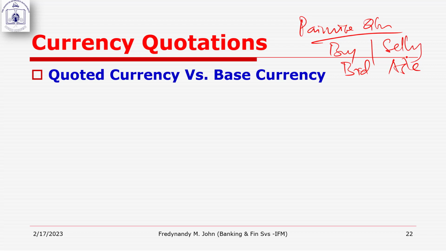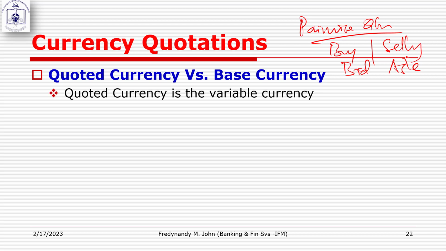Now, let's interpret some more to understand it. What do we mean when we say quoted currency and a base currency? In any given exchange rate quotation, a quoted currency simply means a price currency. Quoted currency is also known as a price currency.